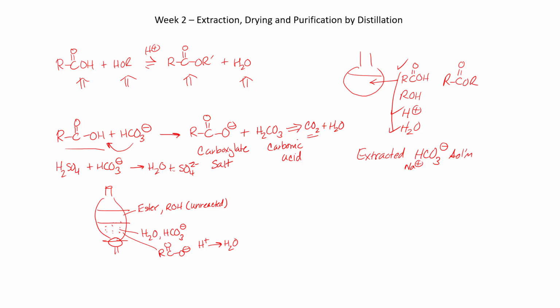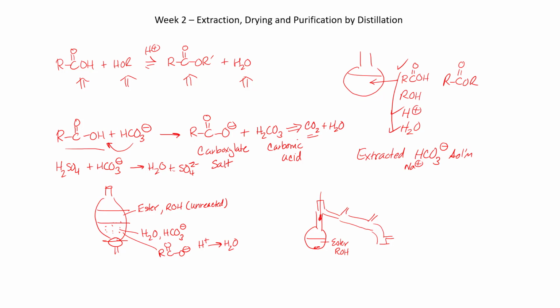Then in the second step, what we would have done is we would have set up a standard distillation apparatus with our thermometer in the right position, and then our condenser, and we would have added then the ester and the alcohol, some boiling stones, and we would have distilled then the ester versus the alcohol.